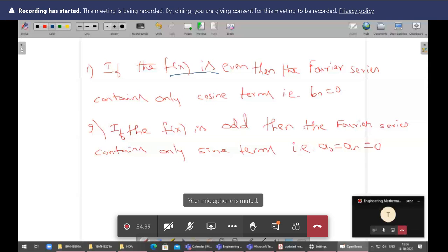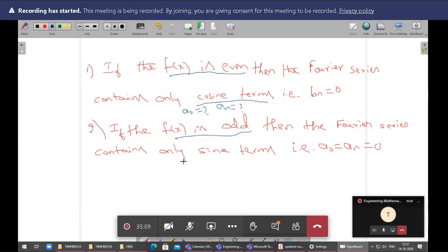So the thing is, if the given function is even, then in the Fourier series we have to find a naught and an. Only two terms we need to evaluate. Suppose the function is odd, then we need to find just one term, that is bn.